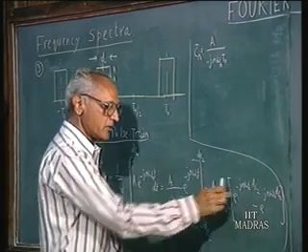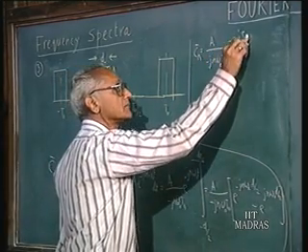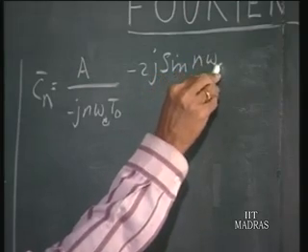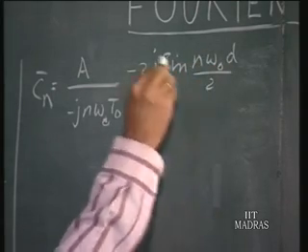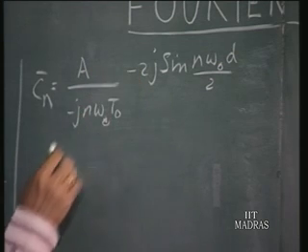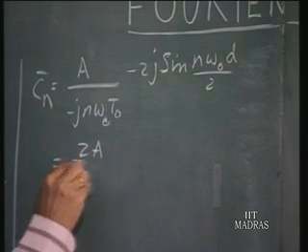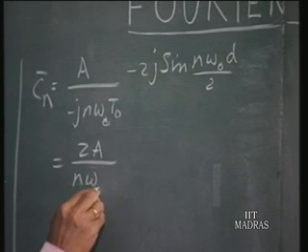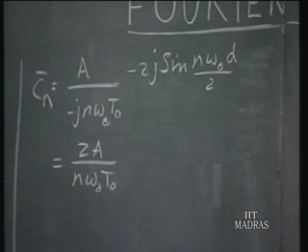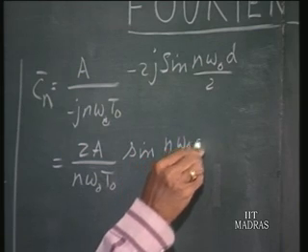But since the negative sign, we reverse this, I can write this as minus 2j sin n omega naught d upon 2. So cancelling this minus j on both sides, you have 2A over n omega naught T naught times sin n omega naught d upon 2.